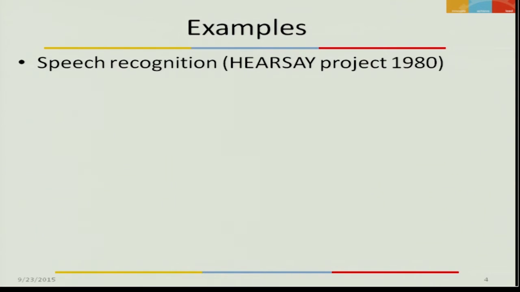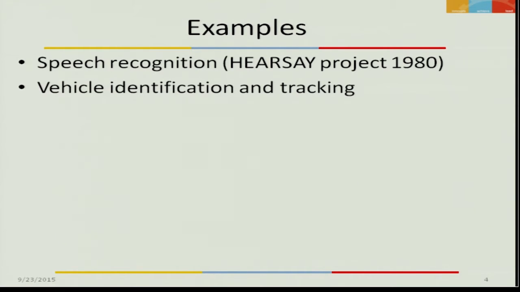So this was a project in 1980 that requires multiple components to work together. Each of them has different algorithms, starting from signal processing to translating the signal to English words.